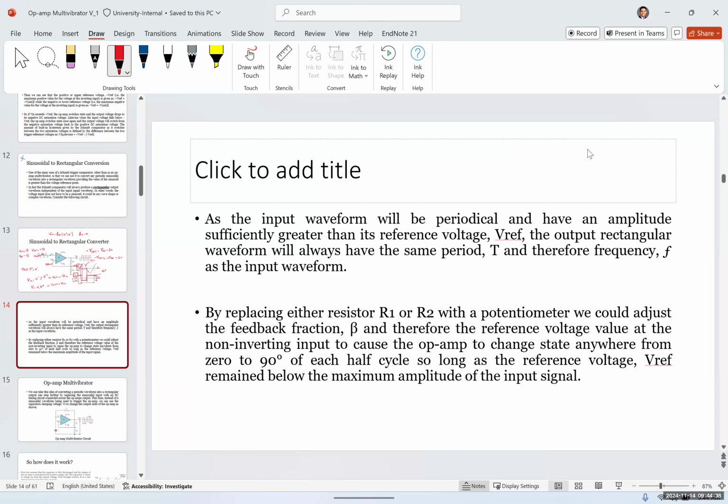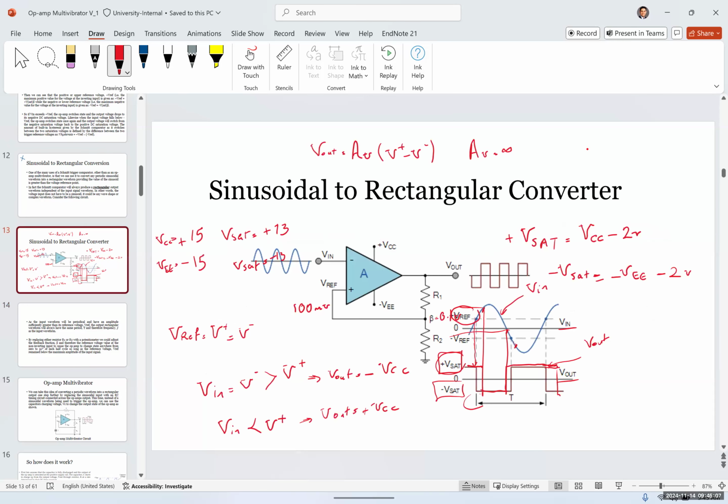By replacing either resistors R1 and R2 with a potentiometer, we can adjust the feedback fraction beta and therefore the reference voltage value at the non-inverting input to cause the op amp to change state anywhere from 0 to 90 degrees of each half cycle, so long as the reference voltage V reference remains below the maximum amplitude of the input signal. So again, if V reference is greater than this, like here, obviously you can't switch anymore. So V reference should be between the maximum and the minimum of Vn. This is going to be V reference.